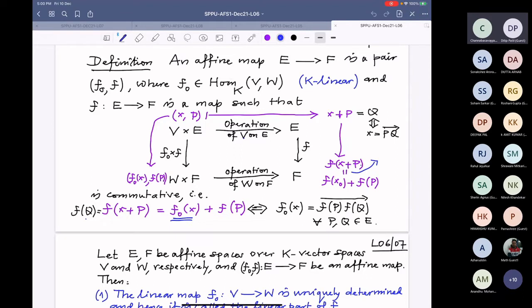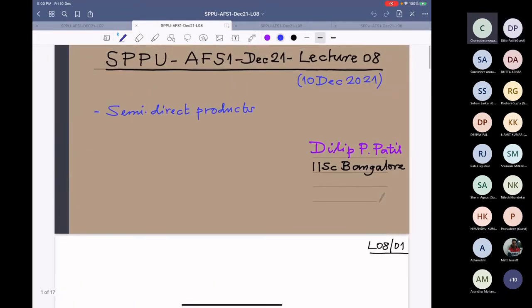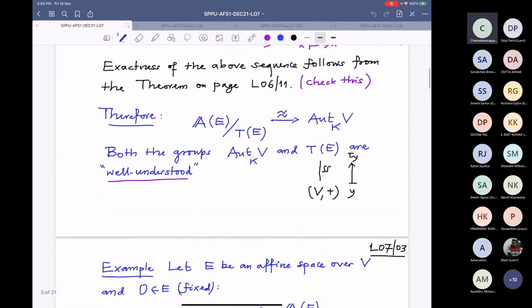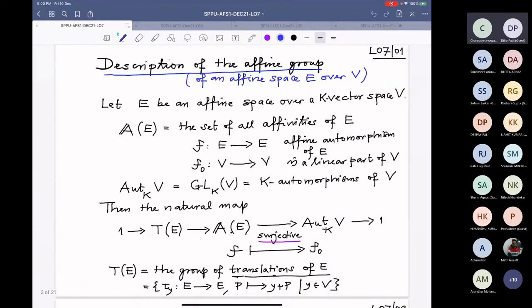All right. The earlier theorems which I noted, I am briefly recalling here. So that is the group of affinities of V. Affinity means affine automorphism. What does that mean?